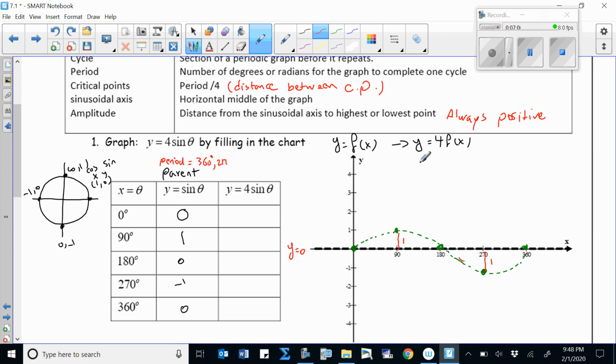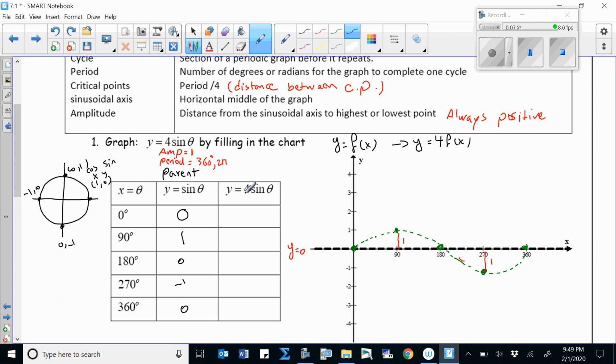It's just the distance between the horizontal middle of the graph, or sinusoidal axis, to the highest or to the lowest point. So the amplitude of this parent function, I'm going to write just AMP, the amplitude is equal to 1.